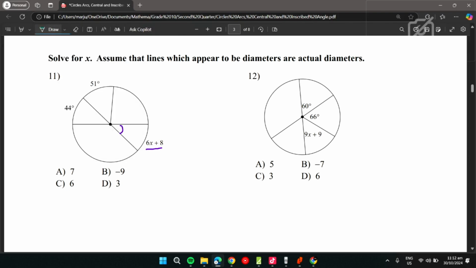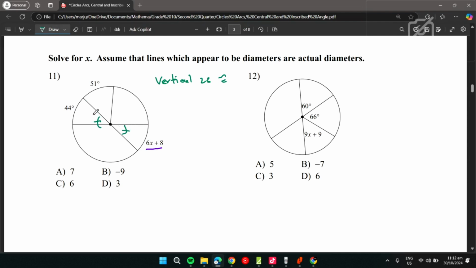Look at this. This is actually a vertical angle, right? These two. A vertical angle. And remember, vertical angles are congruent. Alright? So, meaning to say, let me just erase this. This and this are equal.